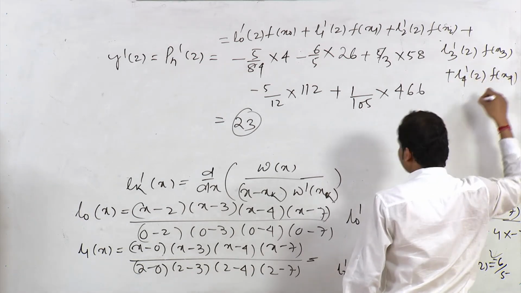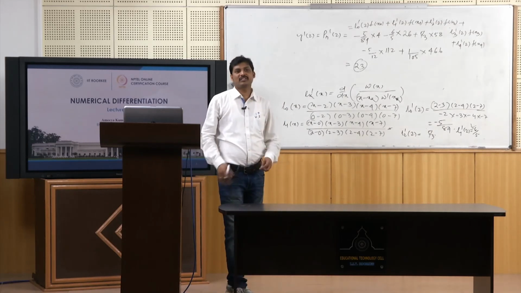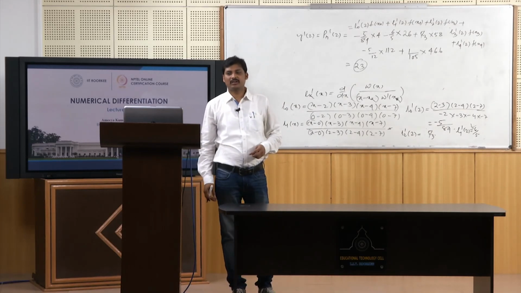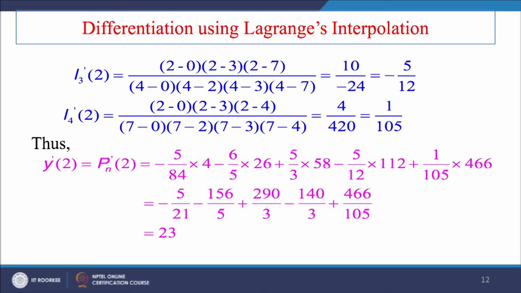Completely writing all these terms, we can evaluate the first order derivative for this function f of x by constructing a polynomial p n of x.